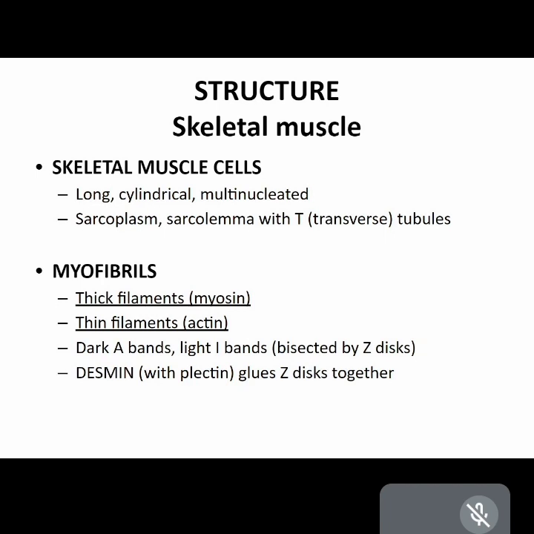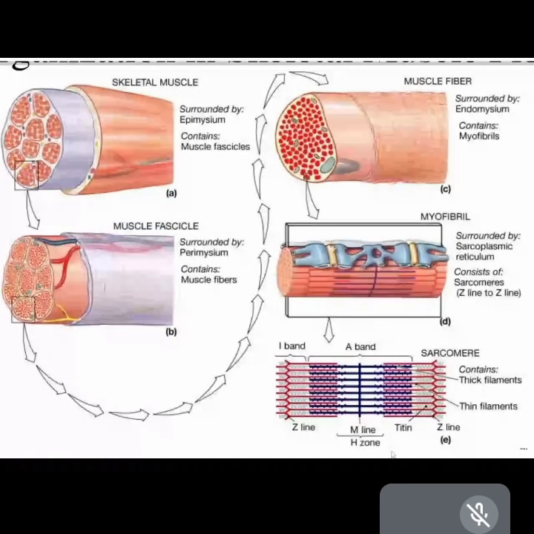And then the desmin with plectin glues the Z disc together. So the dark A band, the light I band, and then thick filaments is the myosin. The thin filaments, the red thin filaments is the actin. So the thick ones, the blue ones are the myosin.